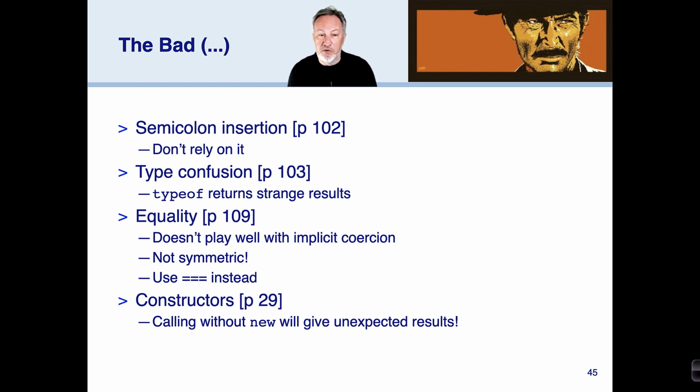JavaScript also tries to do clever things with type conversions and guessing of the types that certain things should be, but this leads to confusion as well. So the typeof operator, for example, says that null is an object, not the null value. That's not very helpful. And the equals equals operator does weird things when it sees an argument that's not of the type that it expects.